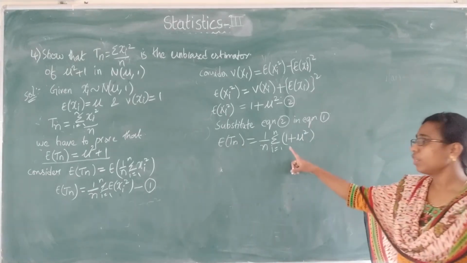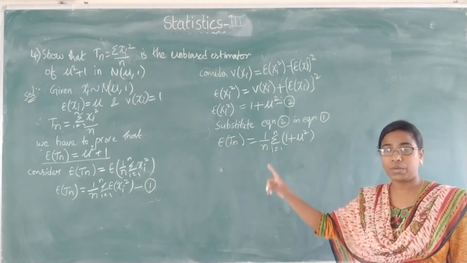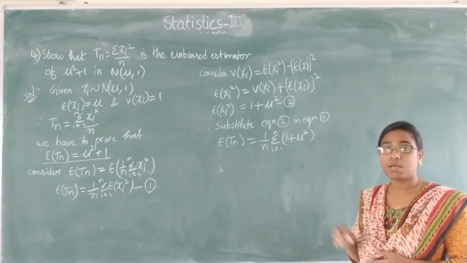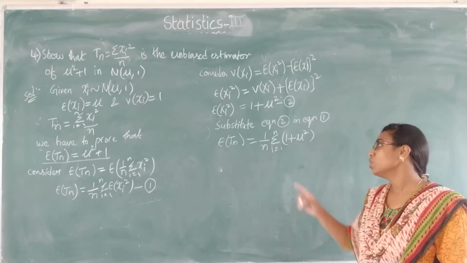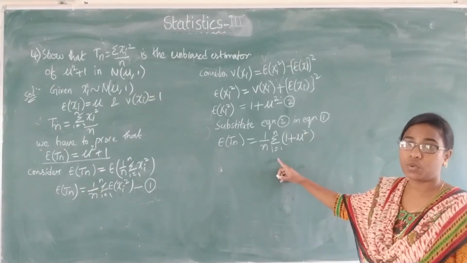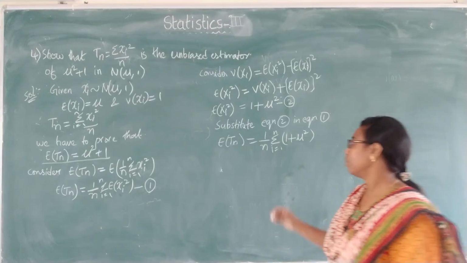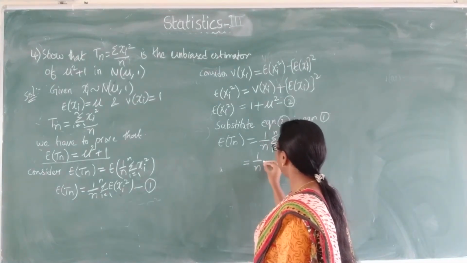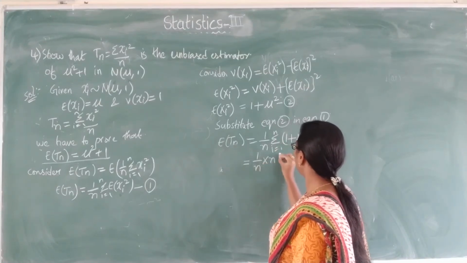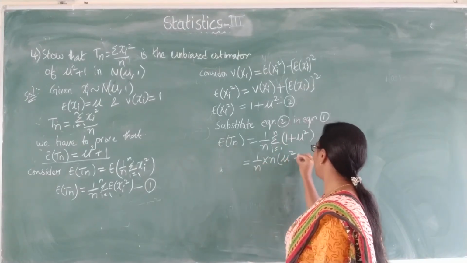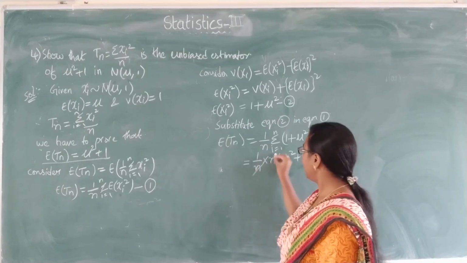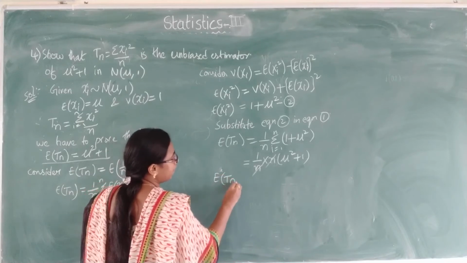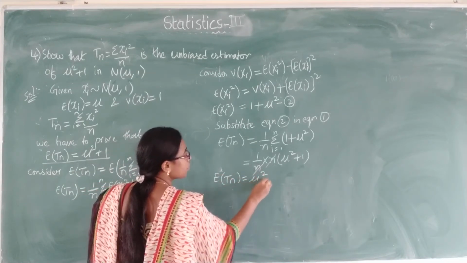Now you have summation i equals 1 to n, but no terms depending on i, so in place of the summation we can write n, because we have total n values. So it equals 1 by n into n times mu square plus 1. n and n get cancelled. Expectation of Tn equals mu square plus 1.